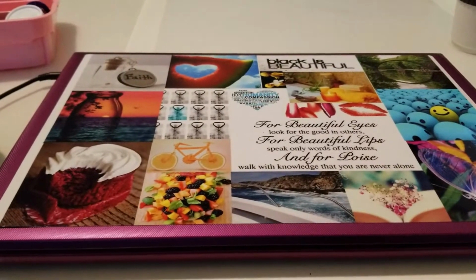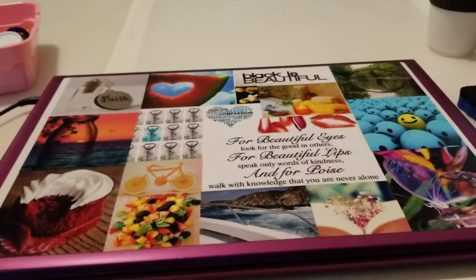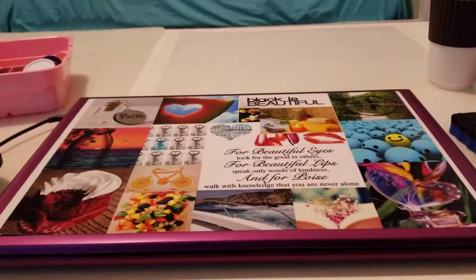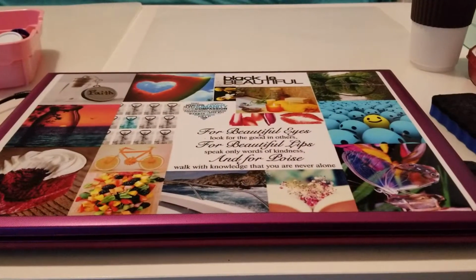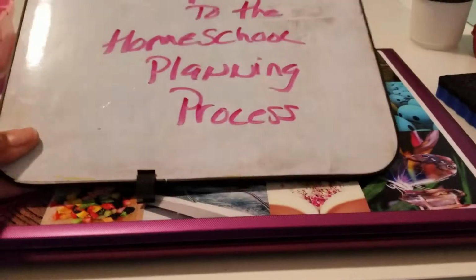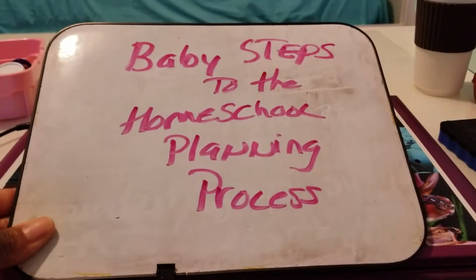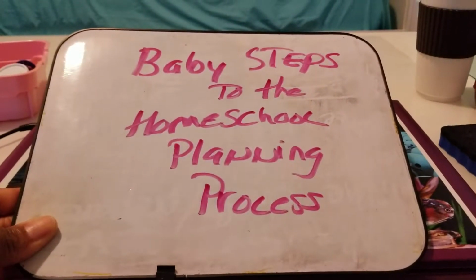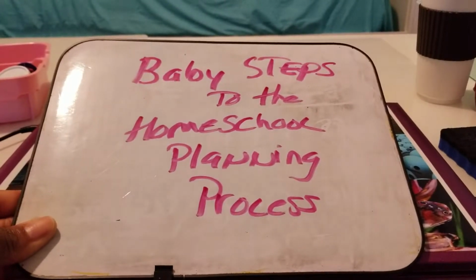And some people may need smaller chunks or smaller steps that they should take in order to help them plan out their year. So, what I wanted to talk to you all about is basically the baby steps to the planning process. So, what are some simple step by step things that you can do to help in the planning process of your homeschool?